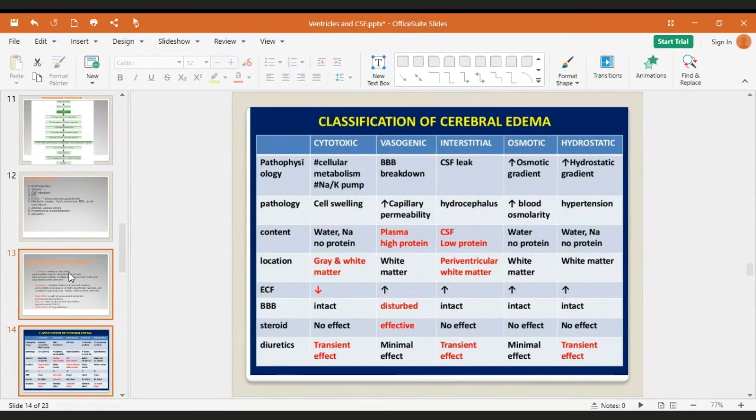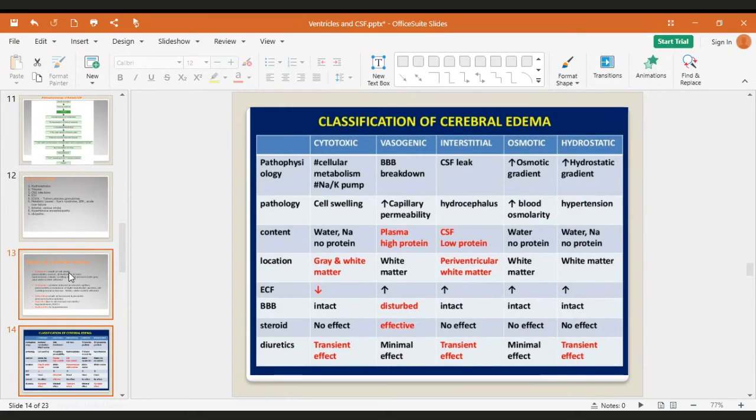The pathology in cytotoxic edema is cell swelling. In vasogenic edema, increased capillary permeability. In interstitial, hydrocephalus. In osmotic, increased blood osmolarity, and in hydrostatic, hypertension.